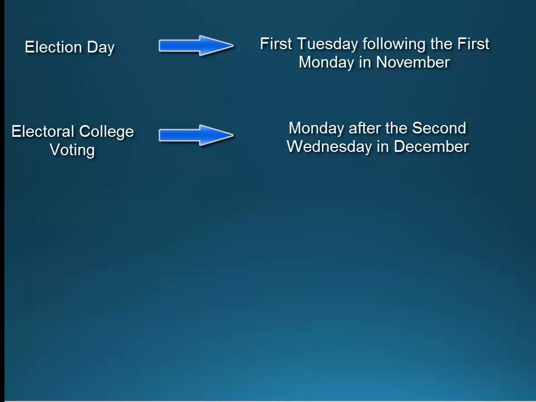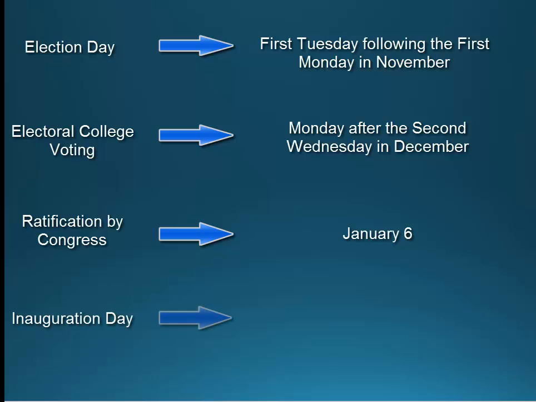At that meeting, the electors cast their votes for who will be the next president. A joint session of Congress then meets on January 6th to ratify the results of the Electoral College voting. The new president is then sworn into office on January 20th.